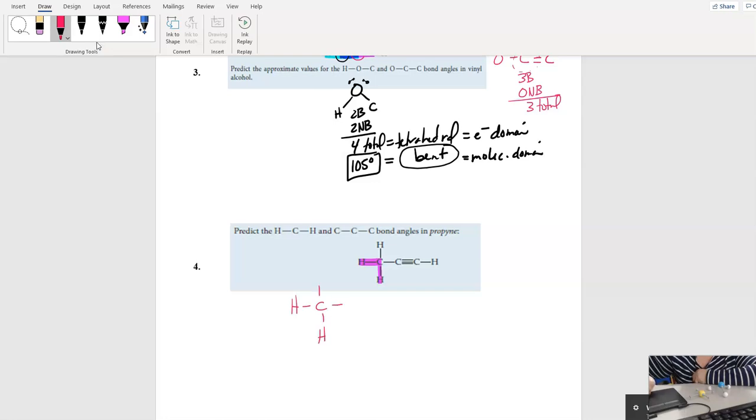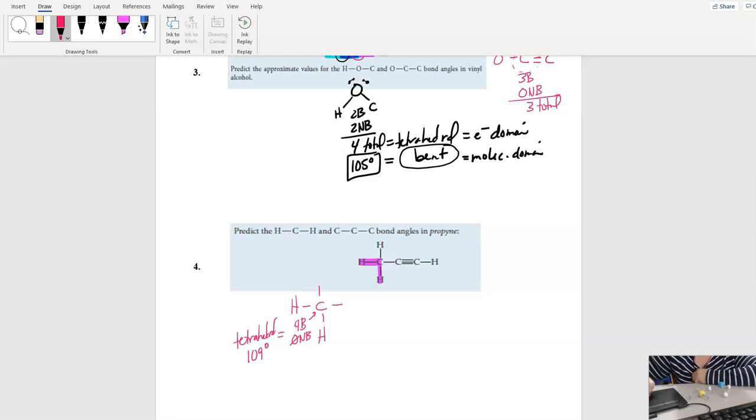So they want you to look at that. I have 4 bonding regions, only focusing on that carbon. 4 bonding and 0 non-bonding regions. Well, if you haven't figured it out by now, 4 bonding, no non-bonding, that's tetrahedral. And tetrahedral has a 109 degree angle.